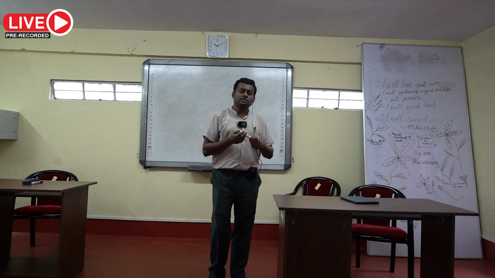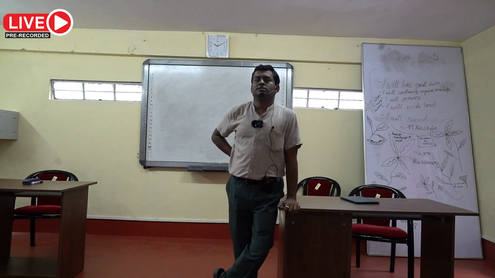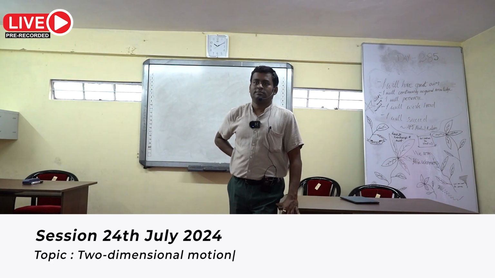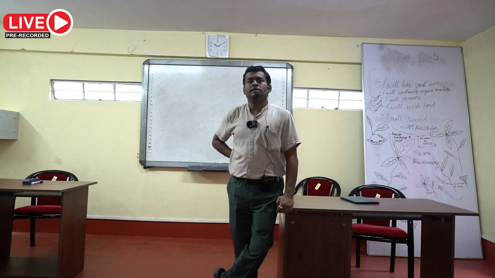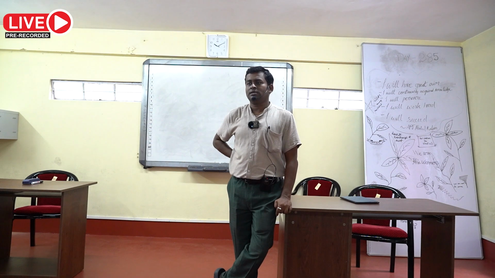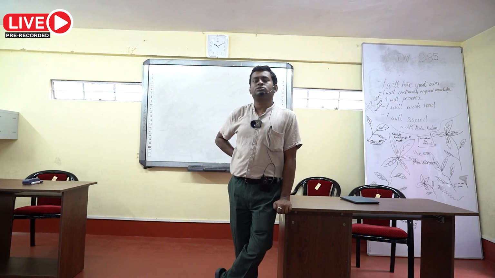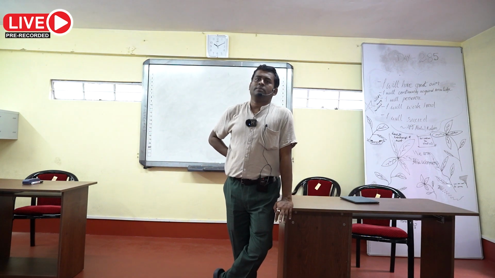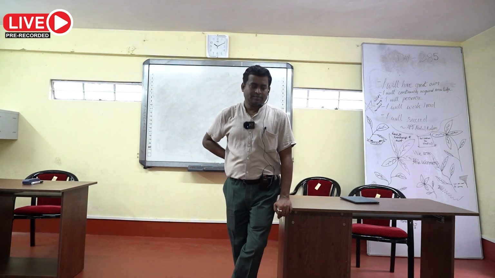Now we will discuss the other topic, that is the two-dimensional motion. There are two parts of the two-dimensional motion in NEET syllabus. One is the motion of a projectile, another is the circular motion. Only these two-dimensional motions are in the syllabus. First, we will discuss the projectile motion.